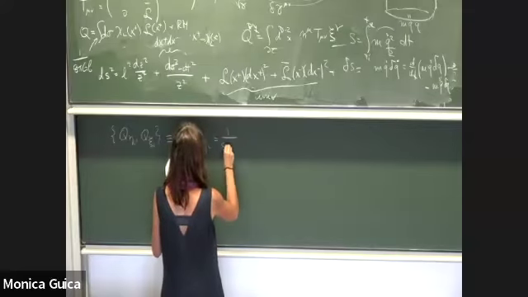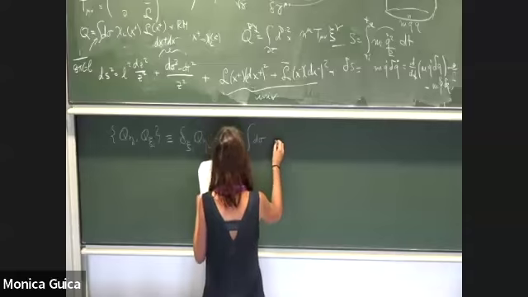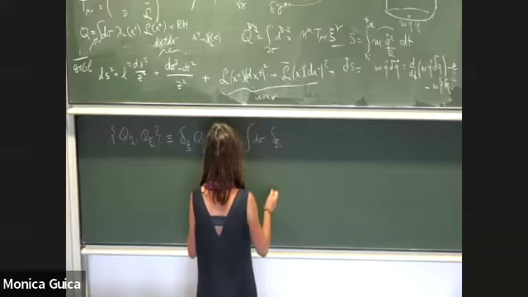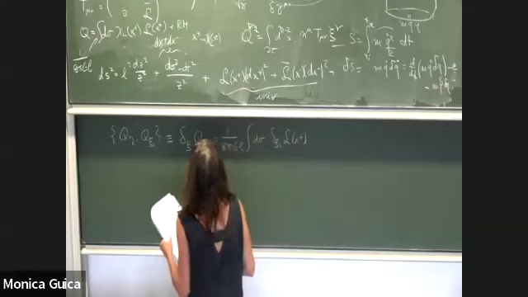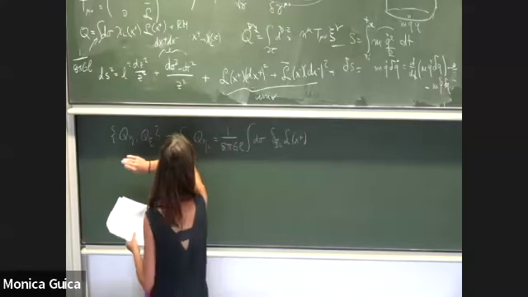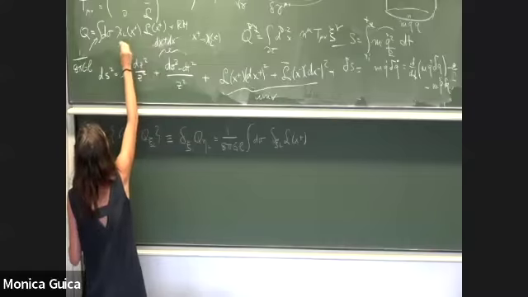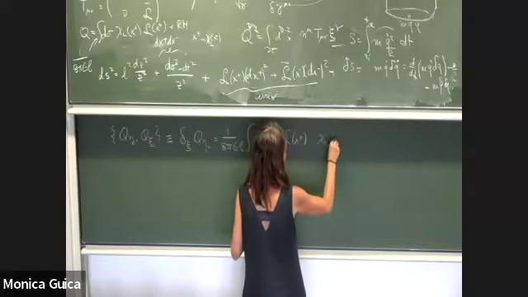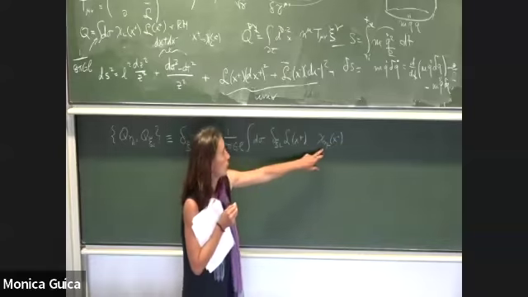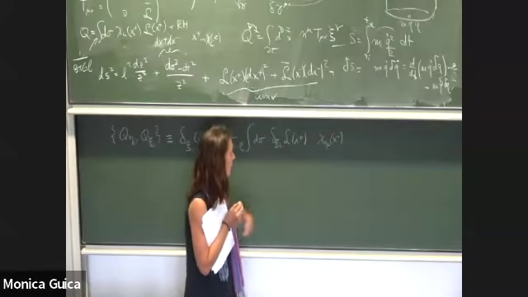I'm going to get 1 over 8 pi G L integral d sigma d C left of L of x plus, right? So the charge associated to eta is going to be given by this integral with the chi eta left of x plus. So the function associated to the diffeomorphism eta is some function of x plus.